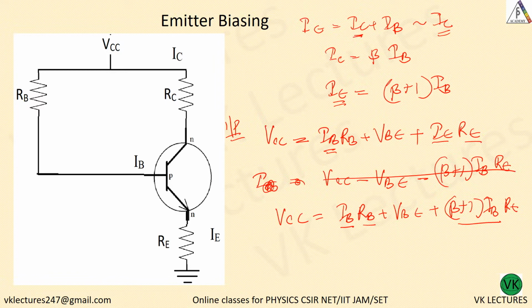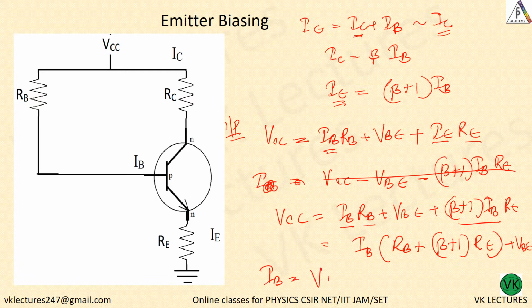So from that you can take IB. So IB into RB plus beta plus 1 into RE plus VBE. Am I correct? So what is IB?